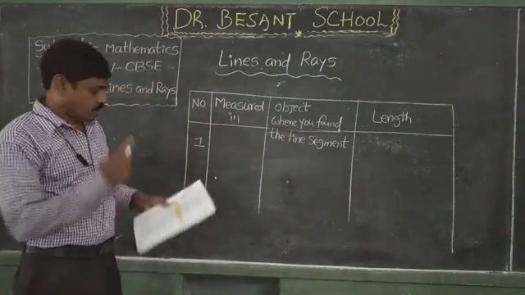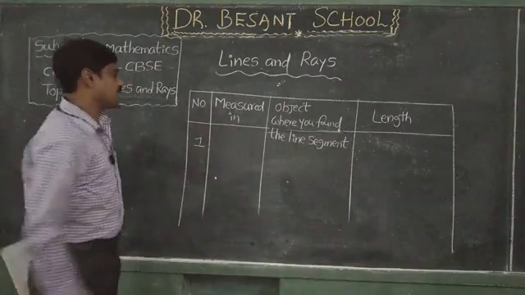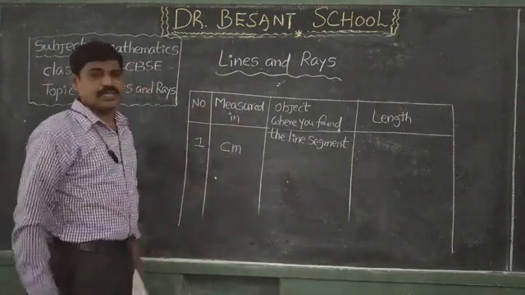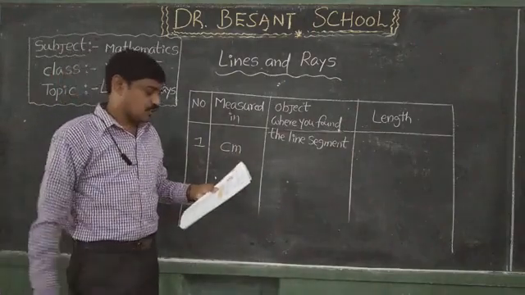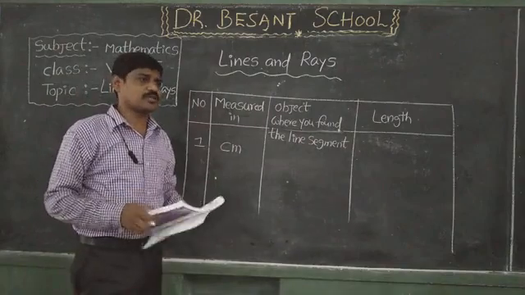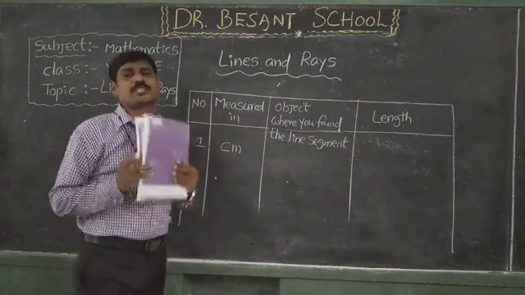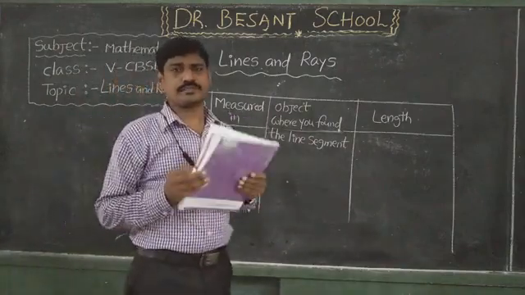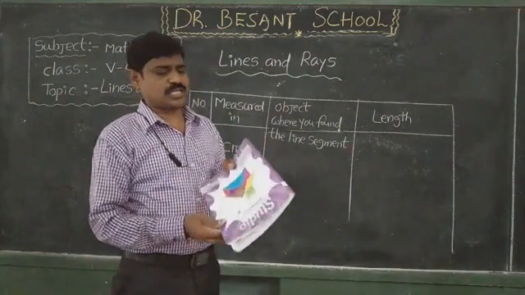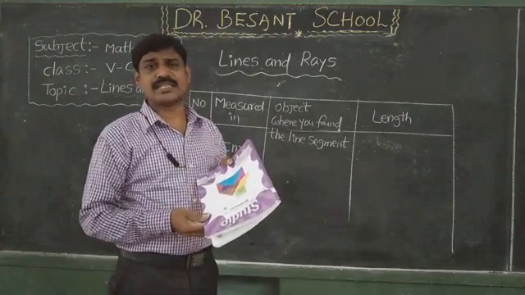First, measured in centimeter. Next, object where you found. Suppose I found it from a textbook. There is a length and a breadth.